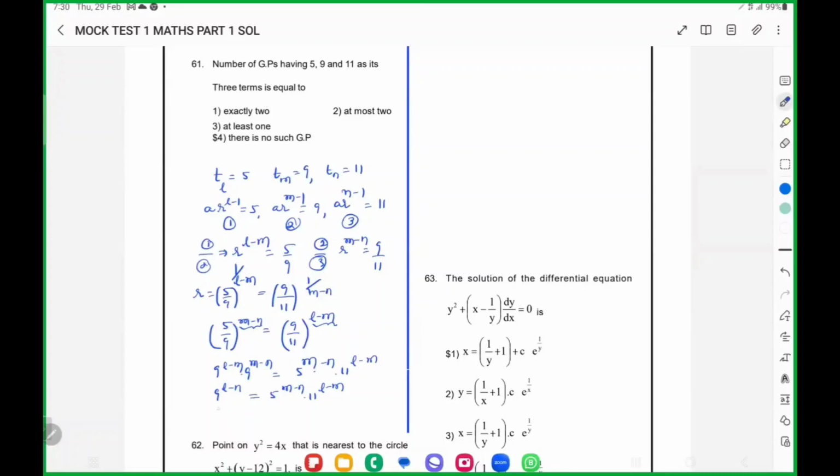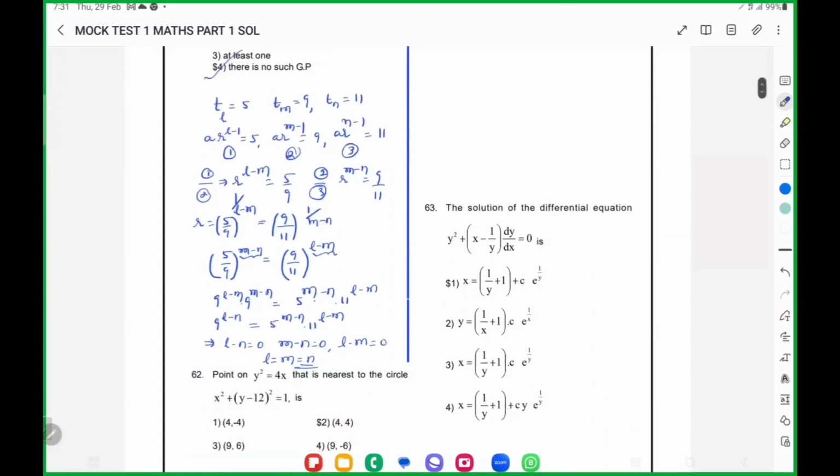The only possibility is that it is in powers of 9 and in terms of 5 and 11. They are equal only when L equals M equals N. So for the same value of L, M, N, you will not get three different terms. So there is no such GP with these three numbers.